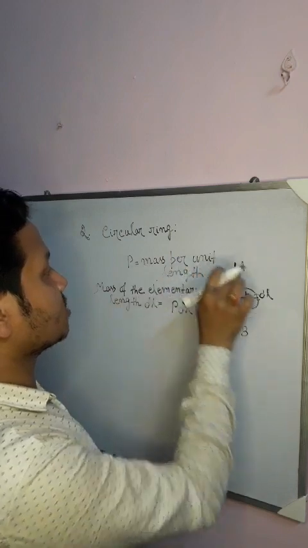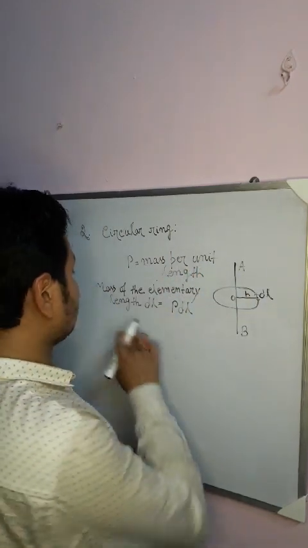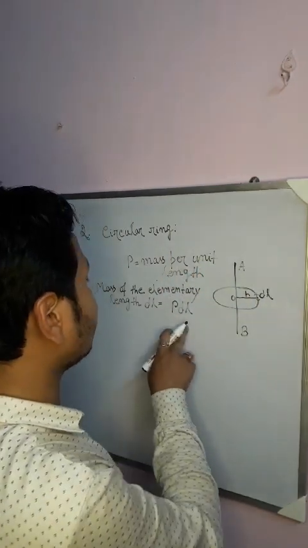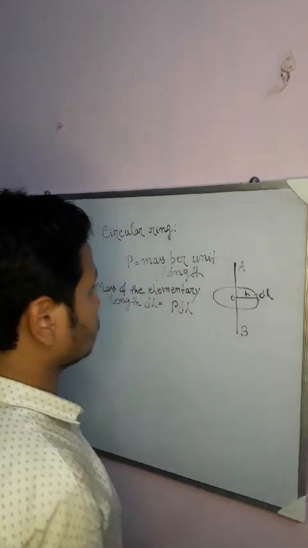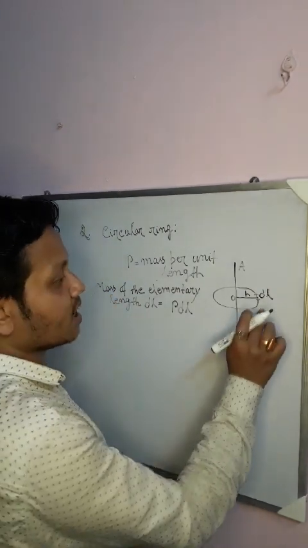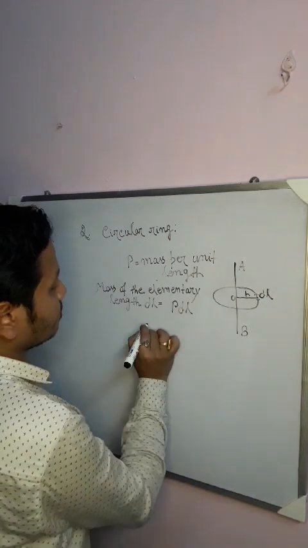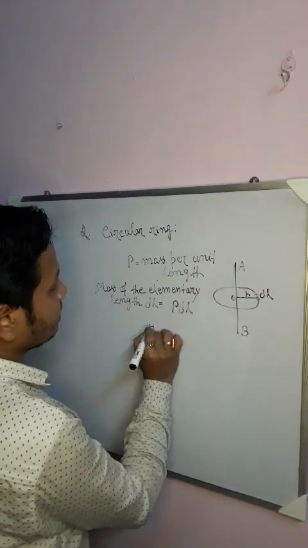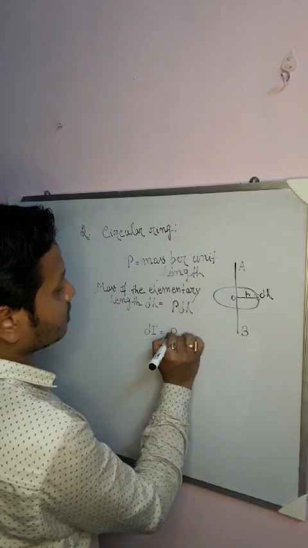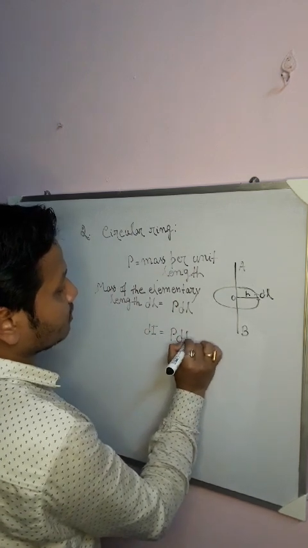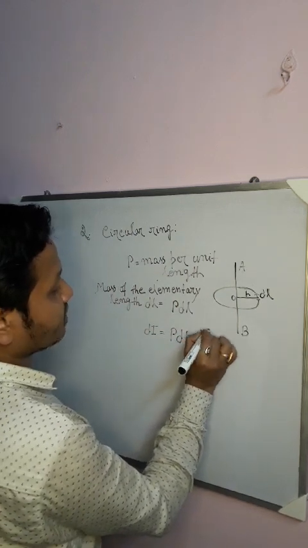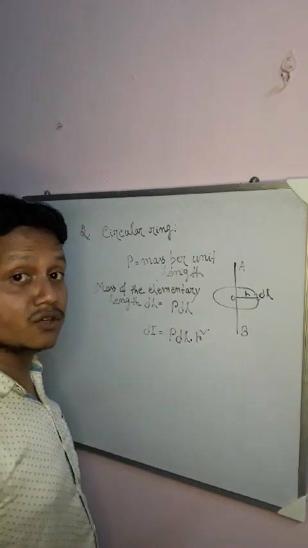So what would be the mass of the elementary length dl, that is rho dl. So what is the moment of inertia due to the elementary length dl about the axis AB? If you denote it as dI, this is simply mass of the length into the distance square, that means r square. So rho dl into r square.